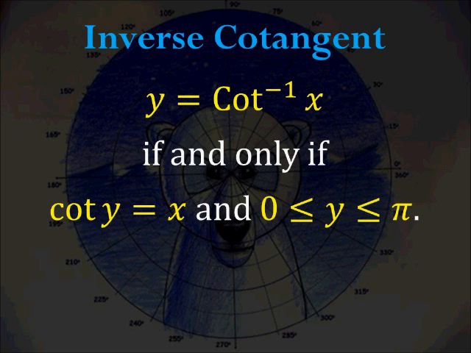So cotangent has a similar domain and range as cosine, and sine and tangent have similar. Cotangent's range is between 0 and pi, tangent's range is between negative pi over 2 and pi over 2.